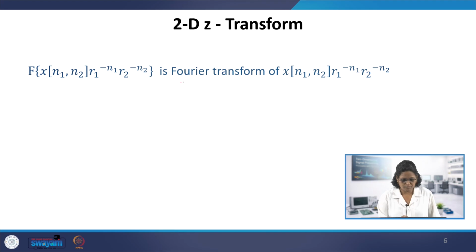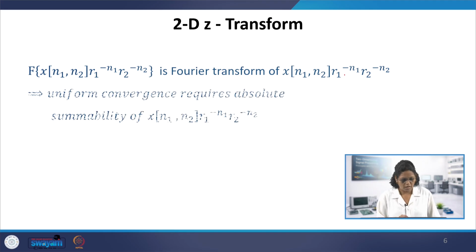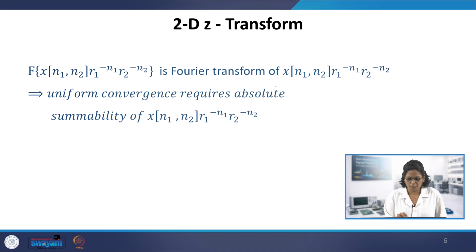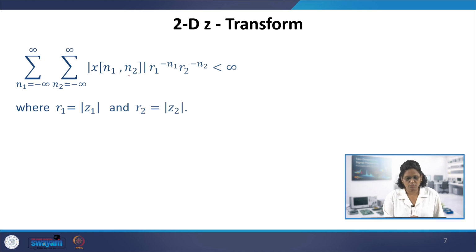So this is the Fourier transform of the sequence, as we said, and the uniform convergence of this sequence is possible by extending the same concept of 1D, that this needs to be summable. So absolutely summable. We can take that the magnitude of it should be less than infinity for the summation, n1 varying from minus infinity to plus infinity, and n2 also.